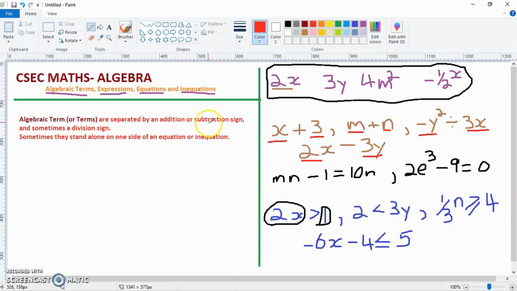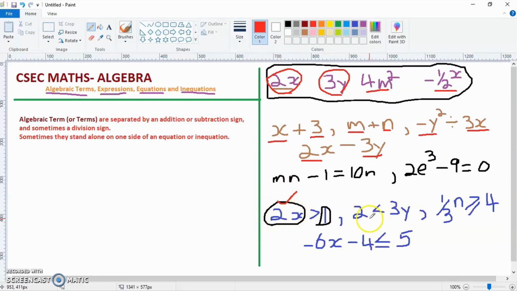Sometimes the algebraic terms stand alone, as in this case, this 2x stands alone, this 3y stands alone, same as this, same as that. The 2x here stands alone on one side of an inequation.